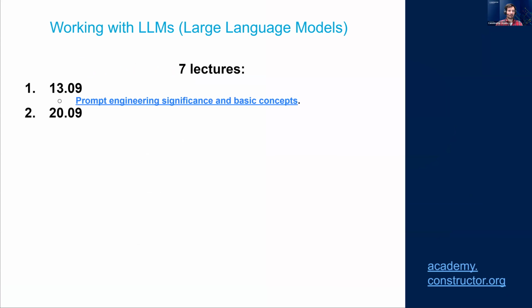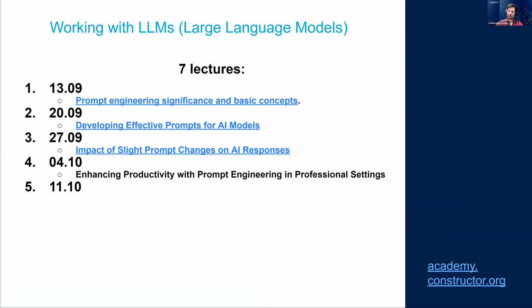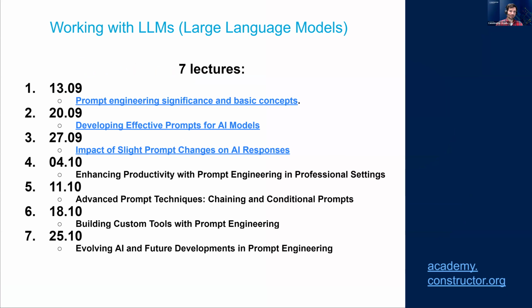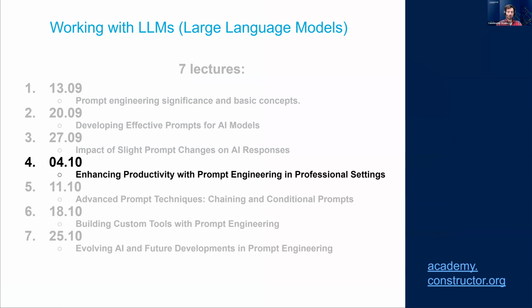So far, in this whole path together, there would be seven lectures. We already did three. Today is the fourth one, and we are going to see how to enhance productivity with prompt engineering in professional settings.